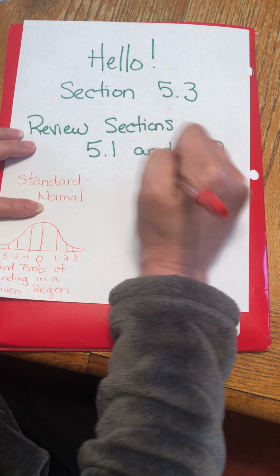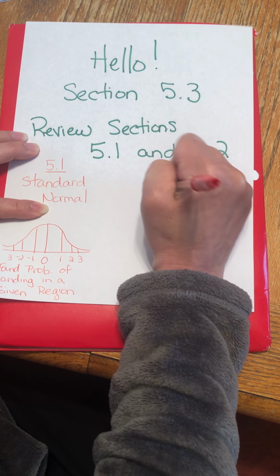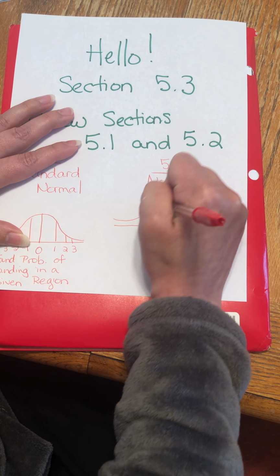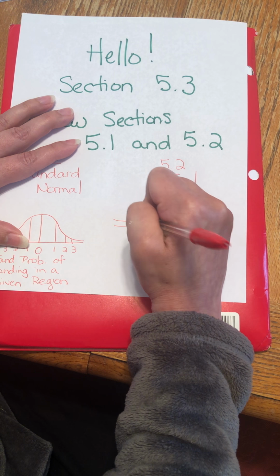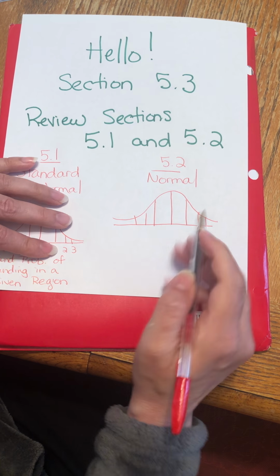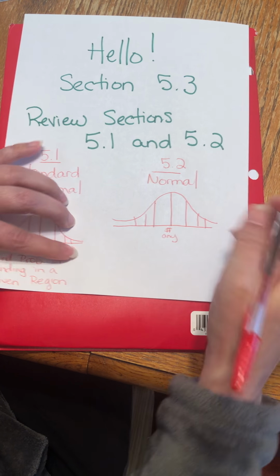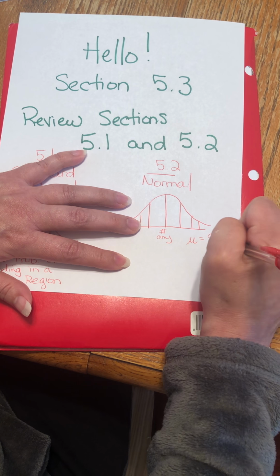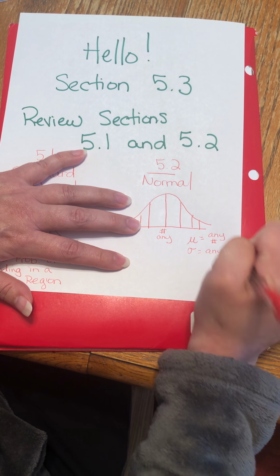In 5.2, we just did normal curves, which look exactly the same. 3 bars up, 3 bars down. But here, the mean can be any number, and the width of each bar, the standard deviation, can be any number.